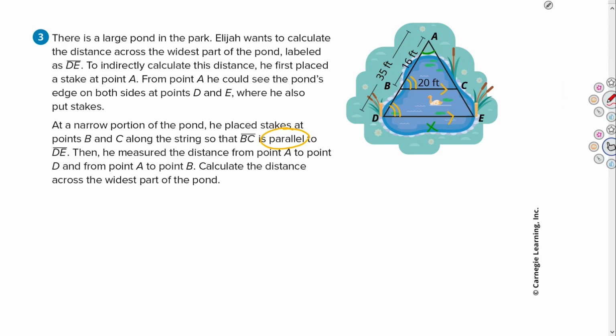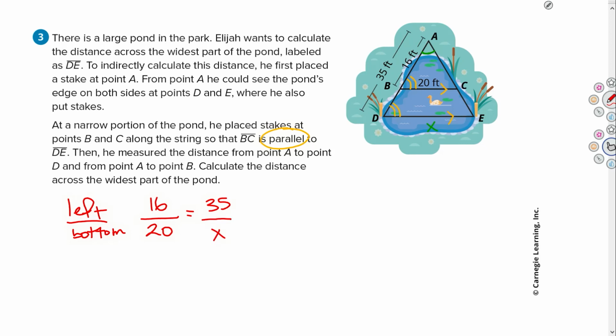So I think I used corresponding ratios last time, so I'll use a within-figure ratio this time. Let's say 16 over 20 is a left to bottom ratio. With the big triangle ADE, the left is 35 and the bottom is x.